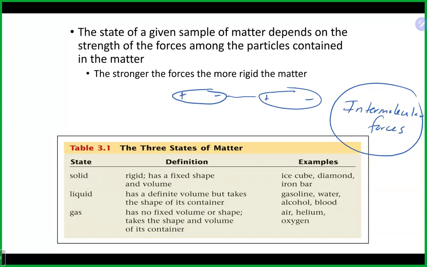And there are certain things that are held together by very weak intermolecular forces that are normally found as gases, like methane. There are even things that are liquids that are still held together by relatively weak forces, so it doesn't take a lot of convincing for them to go into the gas phase. Those are things that are known as being volatile.